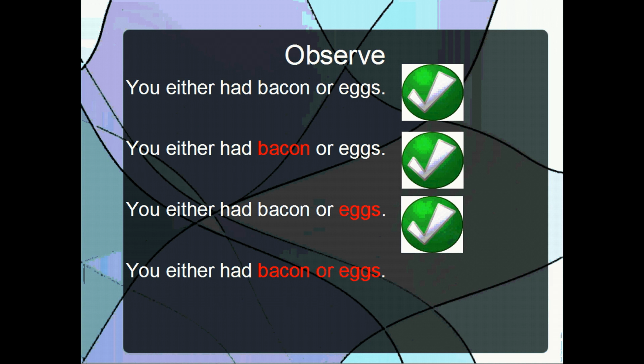Okay, then for the last disjunctive proposition, let's say it's false that you had bacon or eggs. You neither had bacon nor eggs. Since neither of the disjuncts that I mentioned is true, then this disjunctive proposition is false.